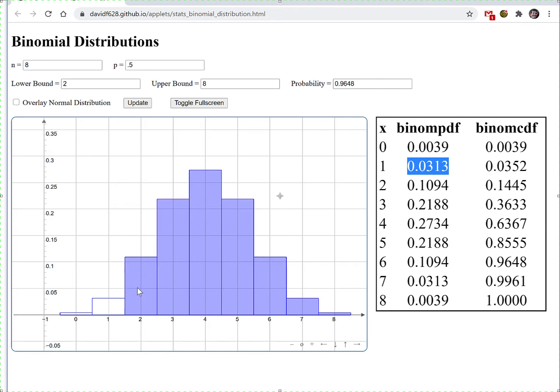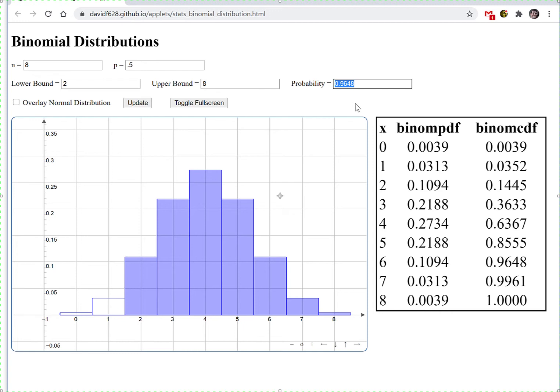Now, I have also shaded in blue the region that we want to calculate. So out of 8 trials, this would be at least 2, which would be 2 or more. If we added up all of those, this is the probability we're going to get, but we need to find a means of determining that.